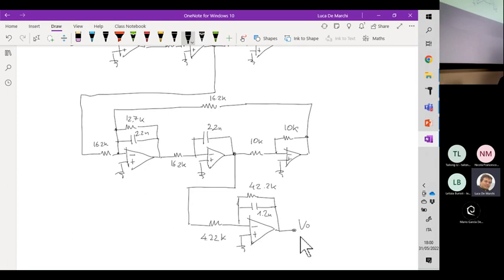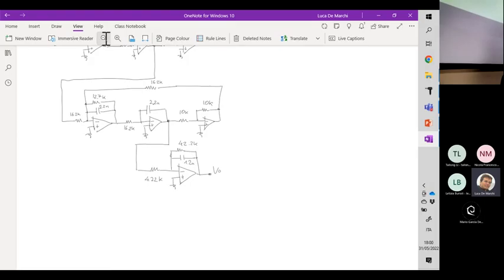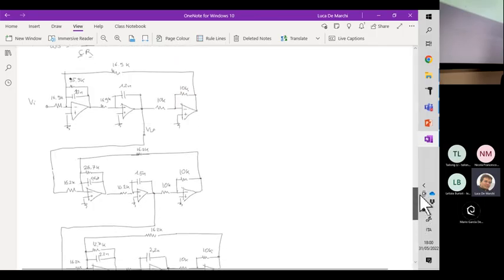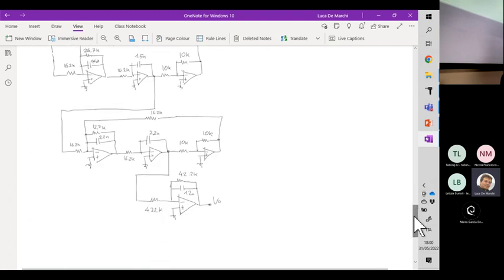And this is it. Okay, this is the output finally. This is useful to see how complex the tau-Thomas can be if you have multiple stages. So this is all one filter, made of 10 op-amps.